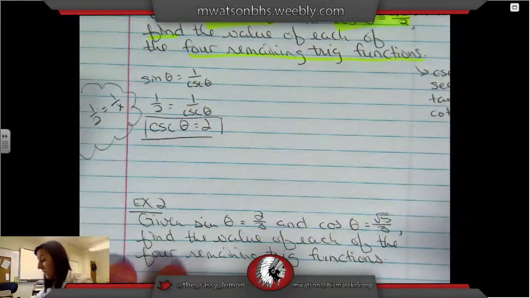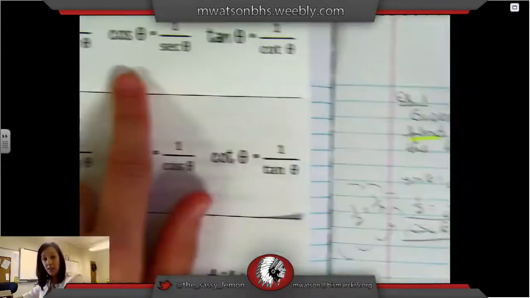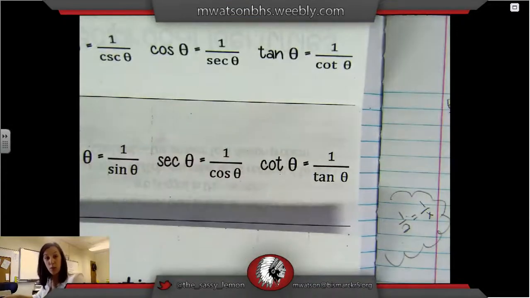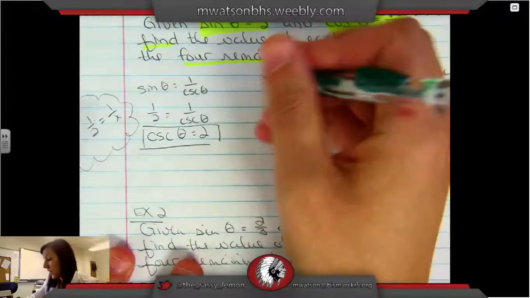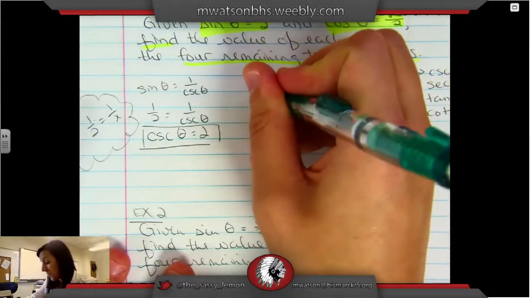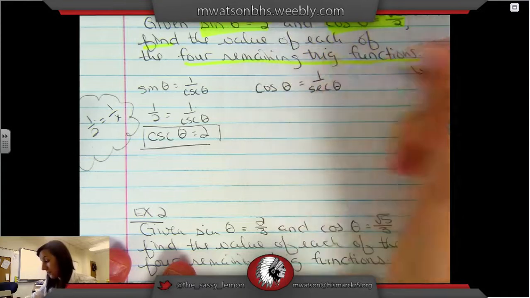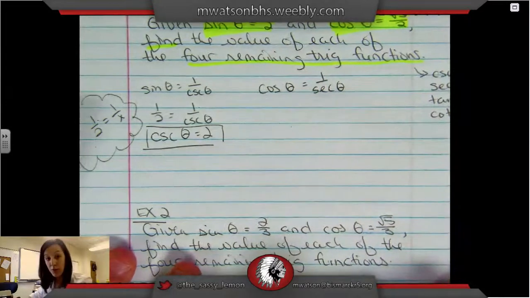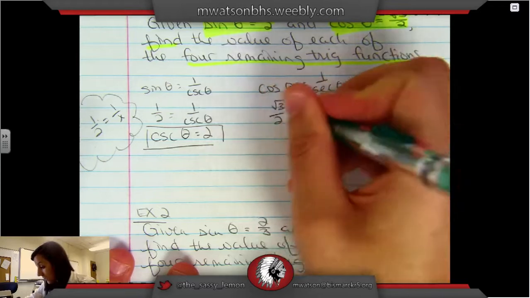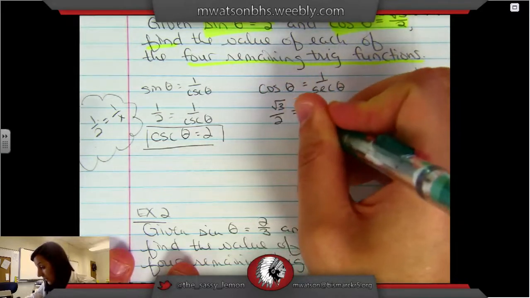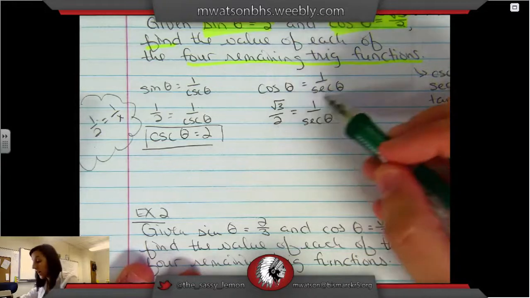Let's do the same thing with secant. Over here, you can see our identity for cosine is 1/secant theta. So I'm going to write out that identity. Cosine of theta equals 1/secant theta. Plug in what I know for cosine. That's the square root of 3/2 equals 1/secant theta. Now this one, notice the numerators are not the same.